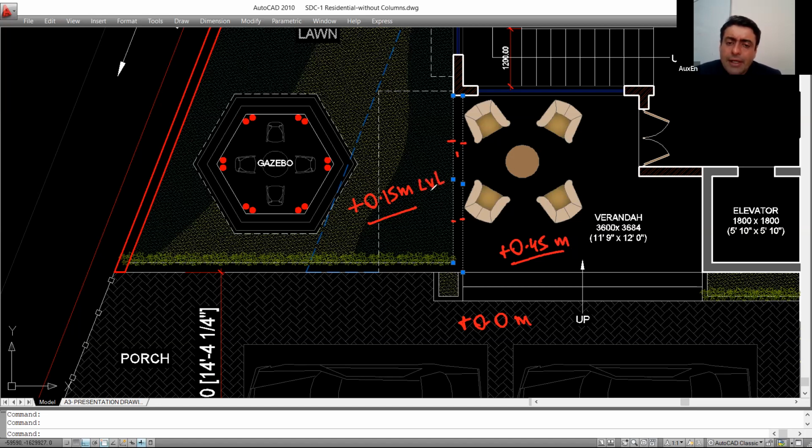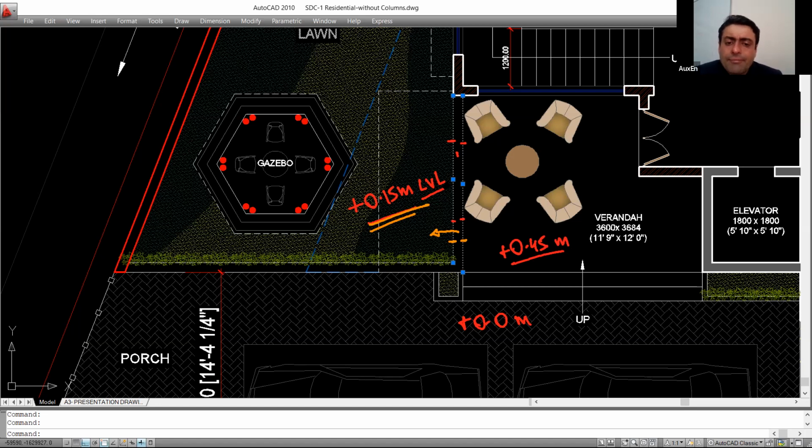Remember, this is with respect to the FGL. Mr. Virat is saying 0.3 and Mr. Shreyas is also saying 0.3. Correct. What confusion I also have is whether these are 2 risers that they are indicating or whether it is just one step that they want us to go down. That will basically decide the level of this garden.